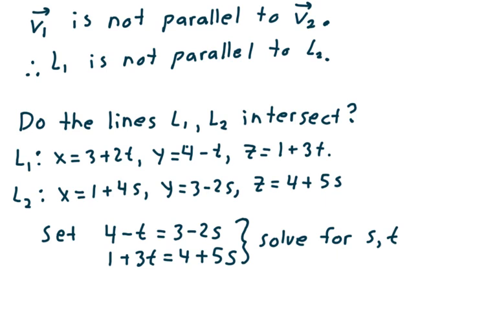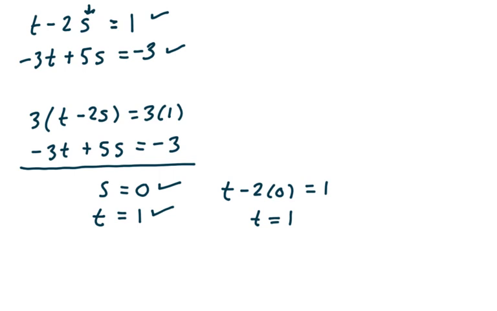Okay, so let's come over here. When t equals 1, x equals 3 plus 2 times 1, which is equal to 5.